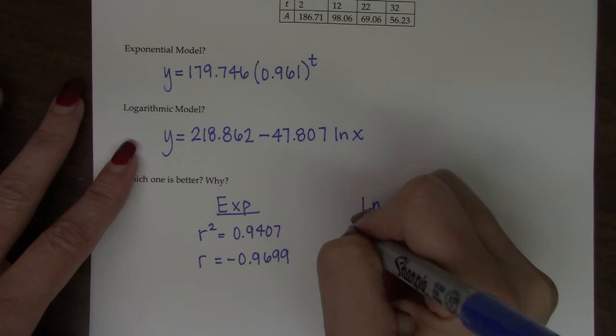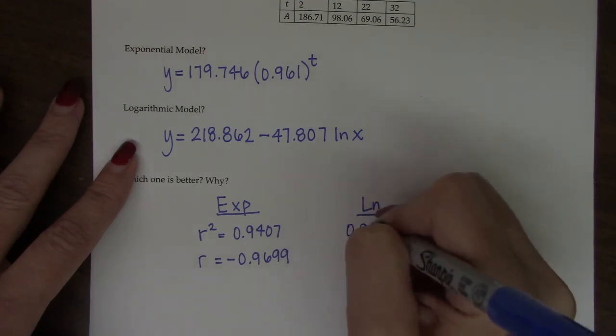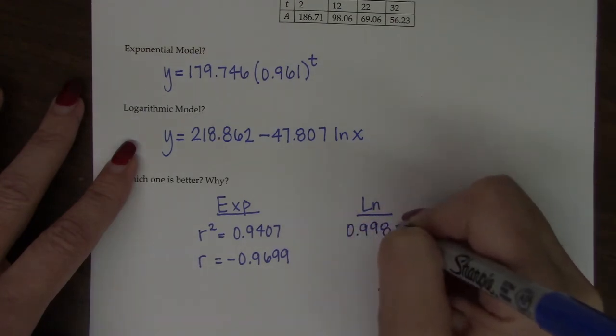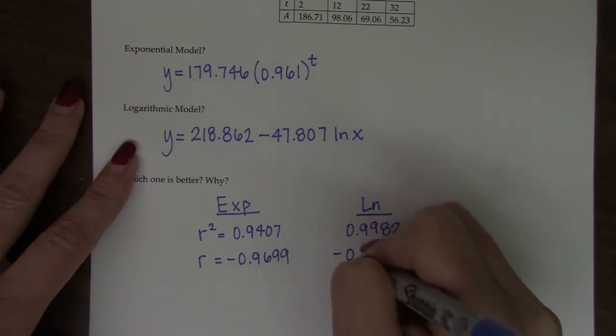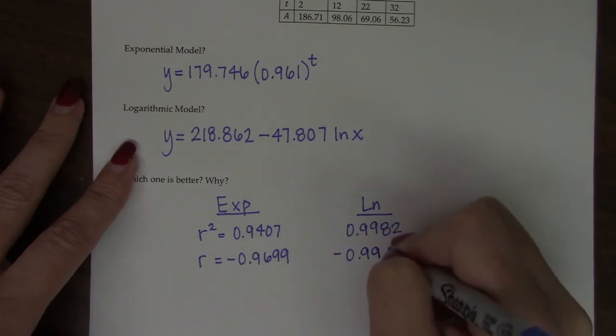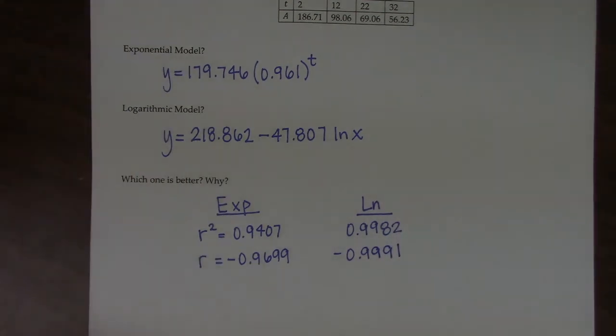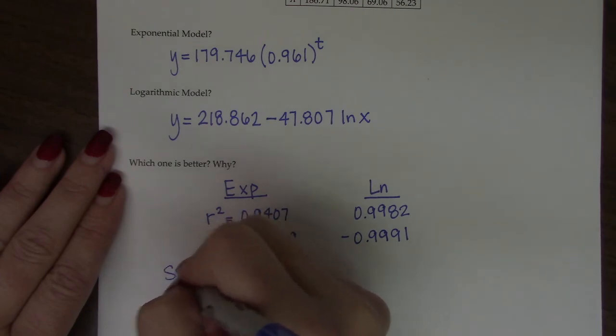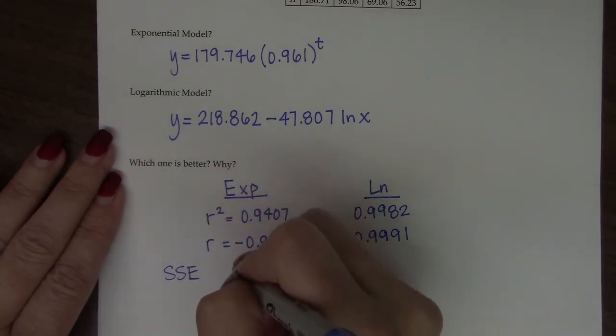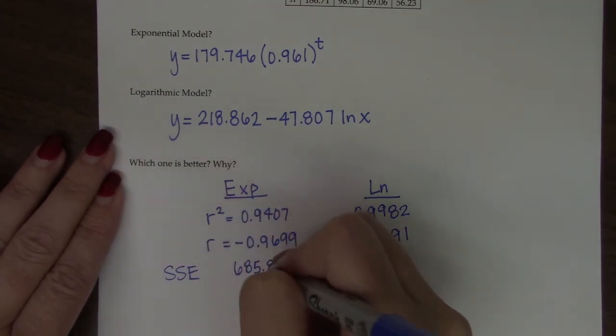So this model has an r squared of 0.9982, and it's got an r value of negative 0.9991. If you do want to take the time to calculate the SSEs, I've done that for you. It just takes a really long time to do. So I'm going to write these down for you as well.